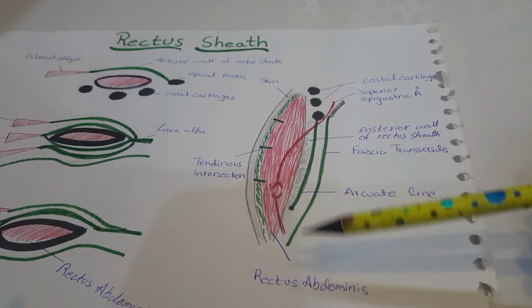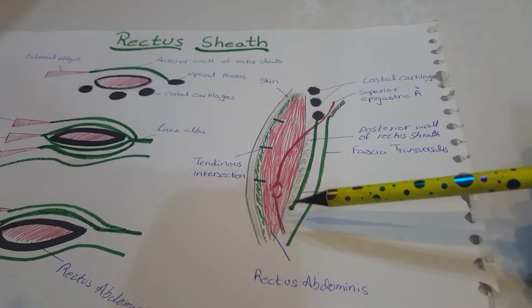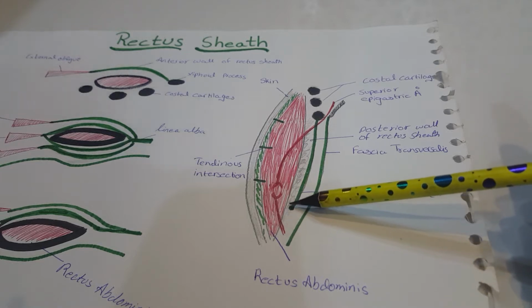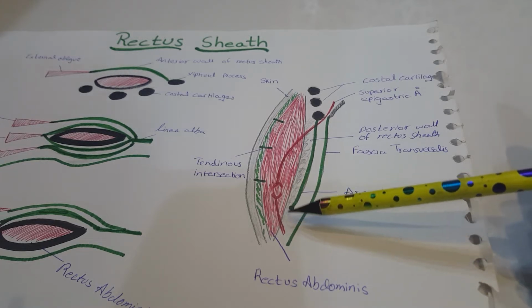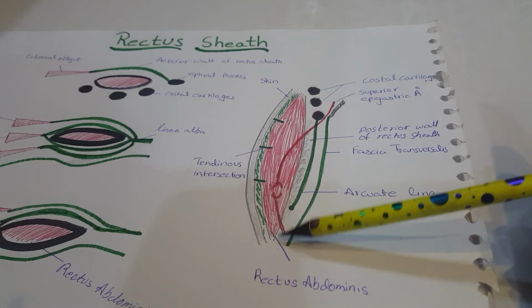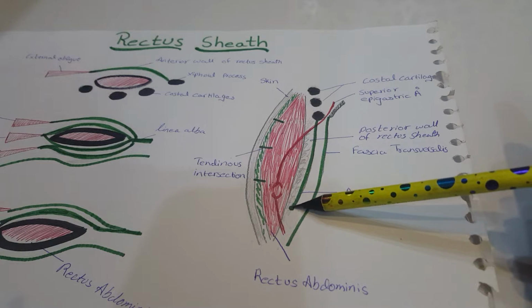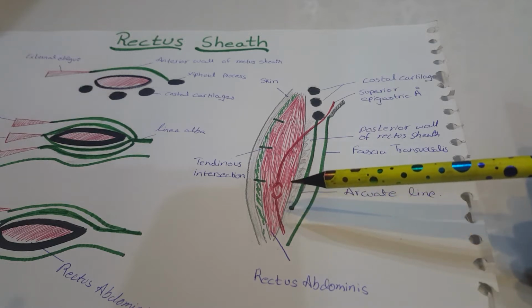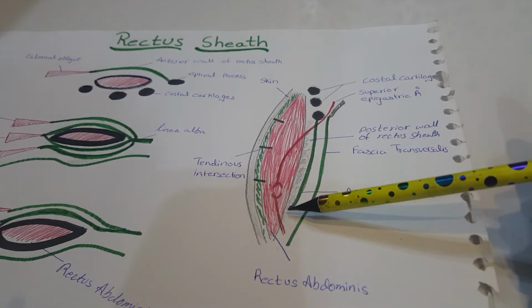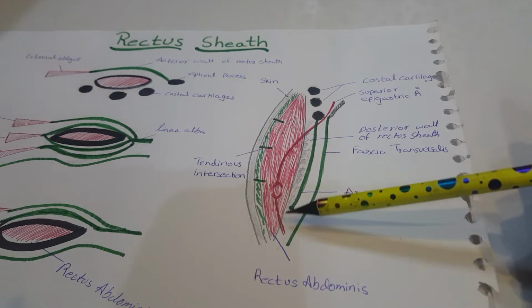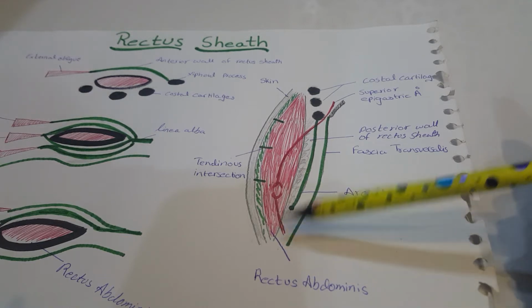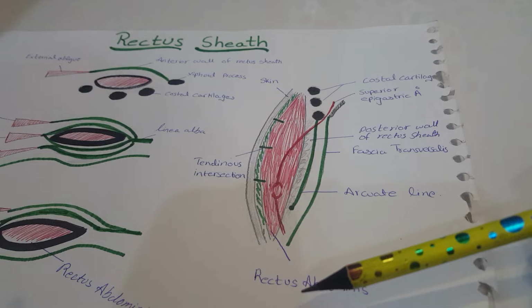Arcuate line is basically a line or demarcation point which is present at 1/3 of a distance from the pubis bone and umbilicus. So arcuate line is that demarcation point which is present at 1/3 of a distance between the pubis bone and the umbilicus.